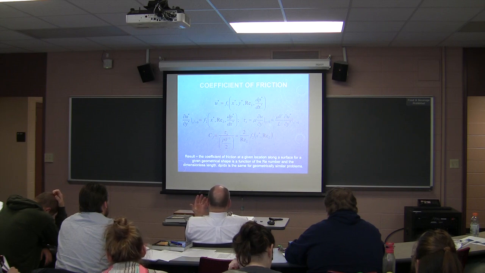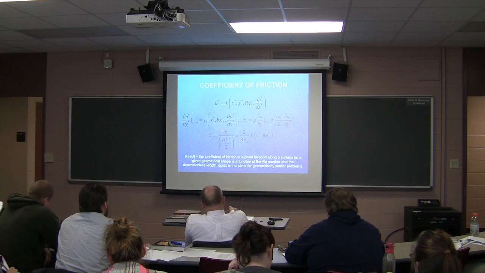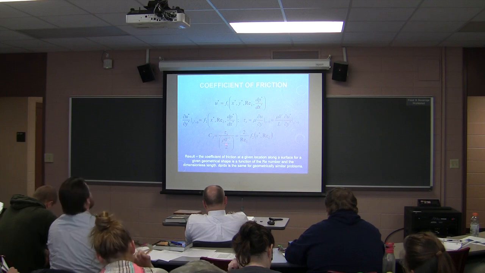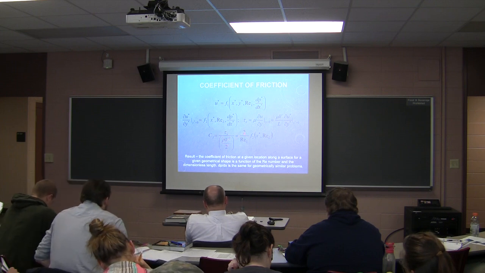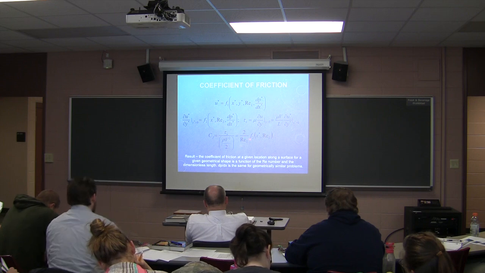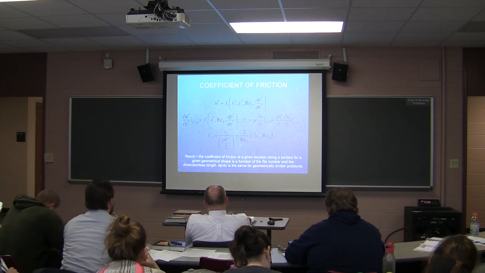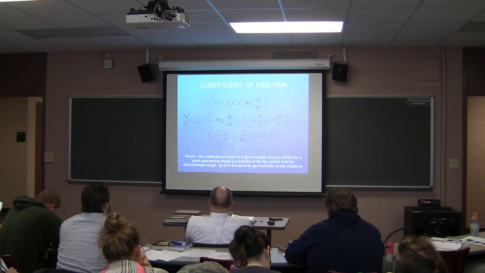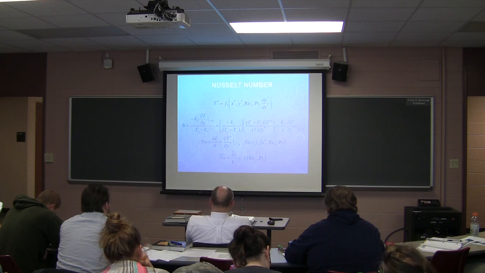If we then recall our definition for the coefficient of friction, it is the shear stress divided by rho V squared over 2, which would then be equal to 2 over the Reynolds number times a function of x star over the Reynolds number. Keep that in mind.